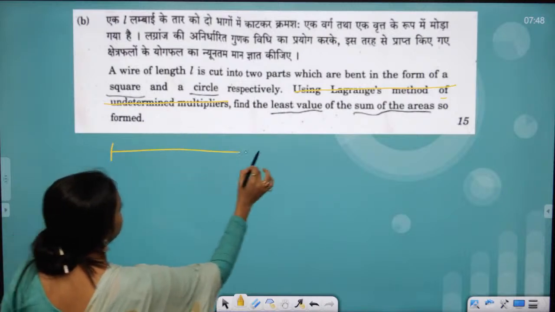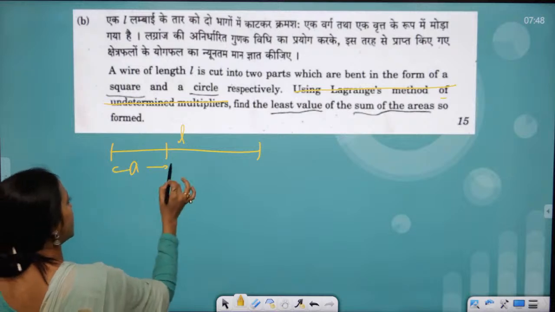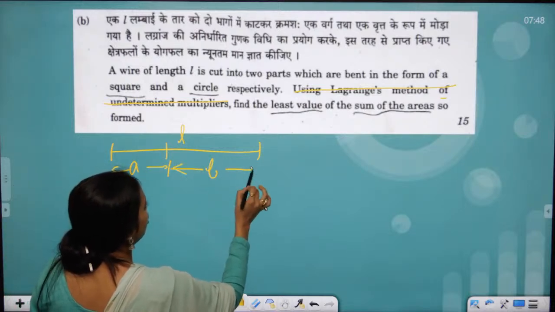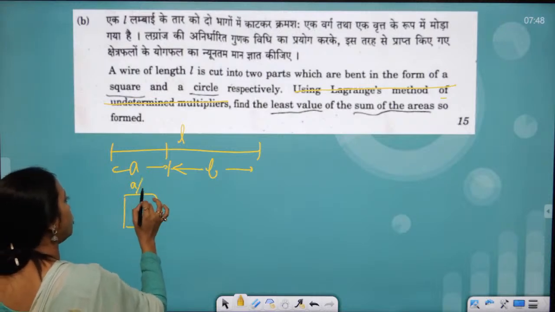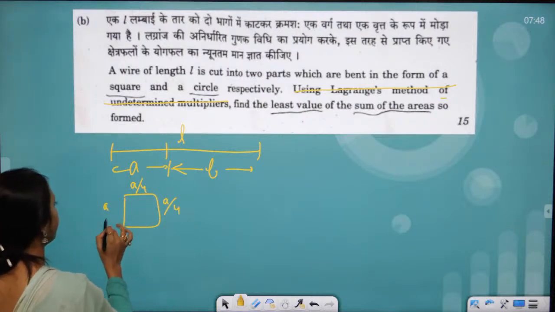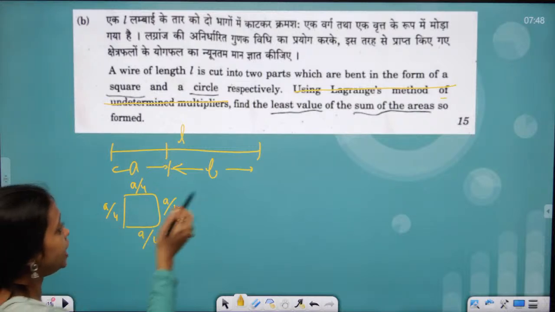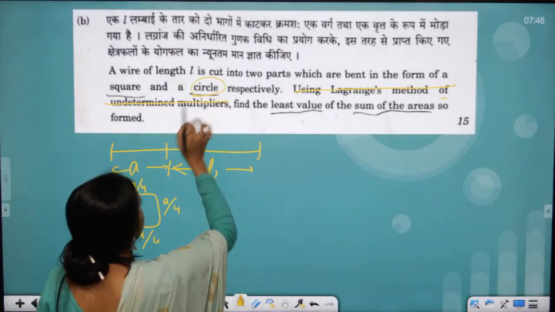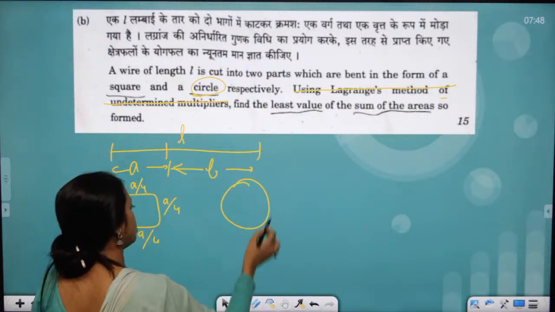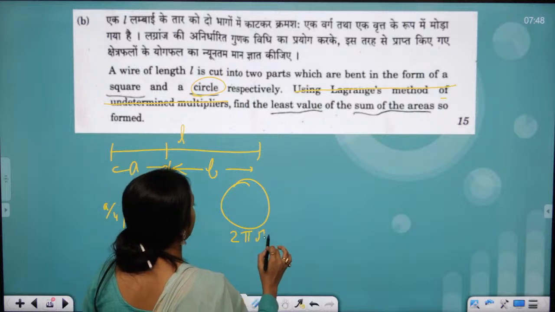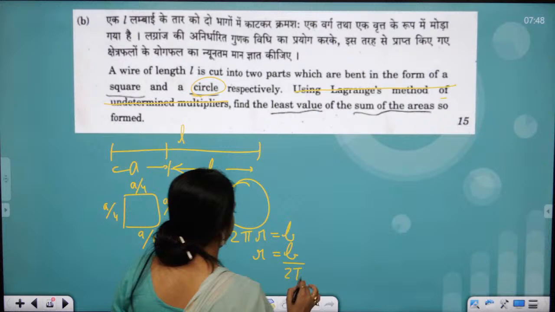A wire of length L is cut into two portions, let us say A and B. One is bent in the form of a square, so each side is A by 4. B is in the form of a circle, so 2 pi r, the circumference, is B. So R is B by 2 pi.